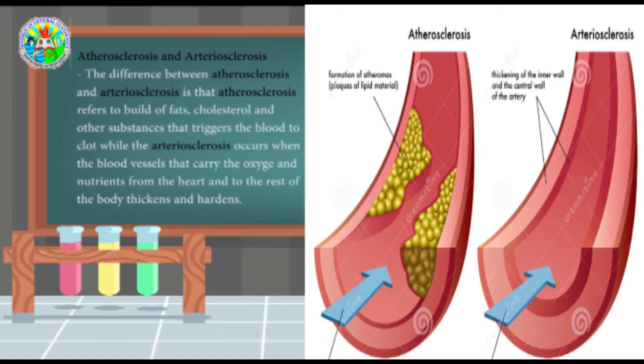Second is atherosclerosis and arteriosclerosis. Atherosclerosis happens when plaque collects and causes arteries to narrow and harden due to factors such as smoking, high blood pressure, and cholesterol in the blood.